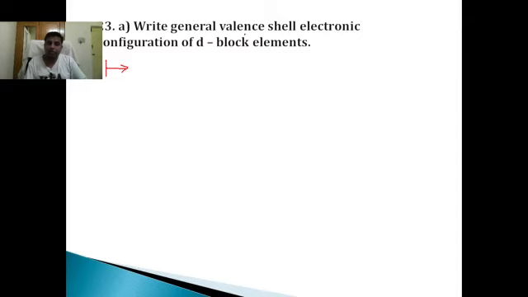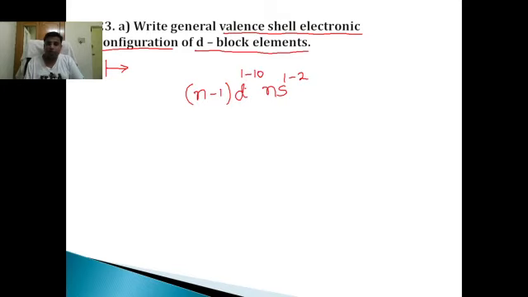It goes like this. The general valence shell electronic configuration is (n-1)d1-10 ns1-2, right? That's it, very simple. This is the general valence shell electronic configuration of d block elements.